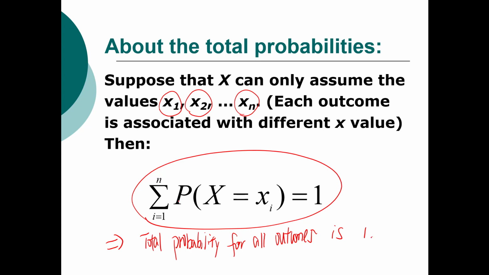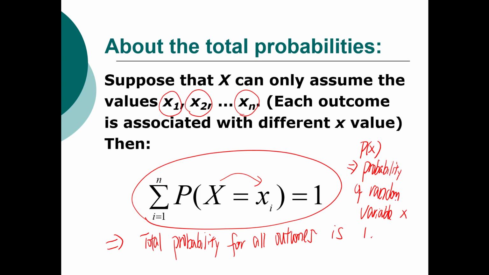And then i from 1 to n here, x equal to xi, probability of x equal to xi, meaning this represents each outcome, and p represents probability. So p of x means probability of random variable x.